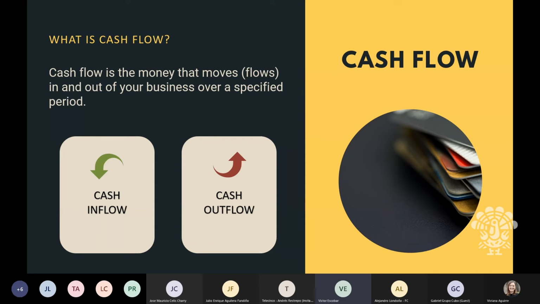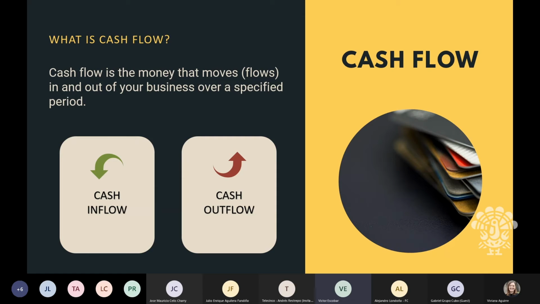It has two main aspects. The first is the cash inflow, that is the cash that is coming from the sale of a service or product that you are providing. And this is not just right away. This can be at a later date.